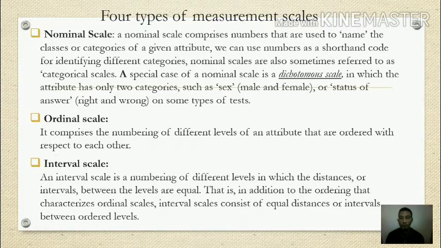We can use numbers as a shorthand code for identifying different categories. Nominal scales are also sometimes referred to as categorical scales. A special case of a nominal scale is a dichotomous scale, in which the attribute has only 2 categories, such as sex, male and female, or status of answer, right and wrong, in some types of tests.